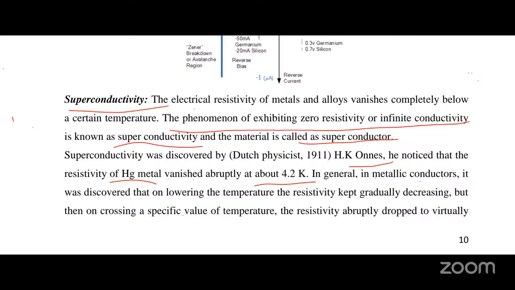At that critical temperature the material shows infinite conductivity, and such a condition is considered the superconductivity state. Particularly for mercury metal, it shows infinite conductivity at 4.2 Kelvin.